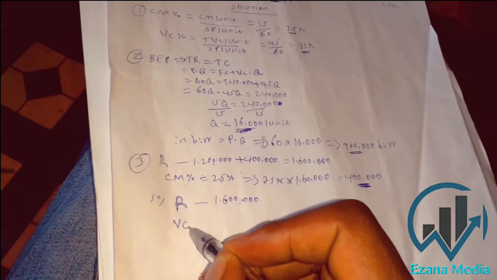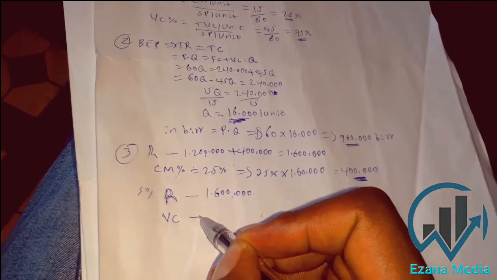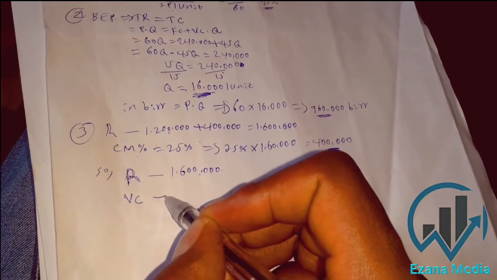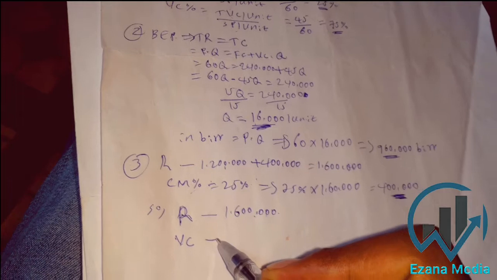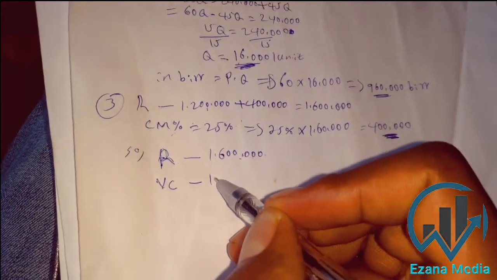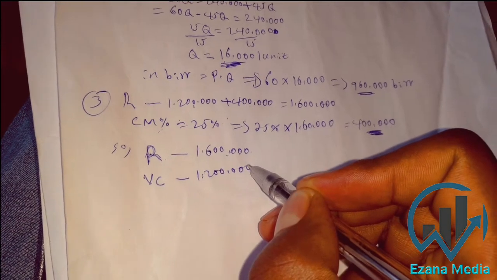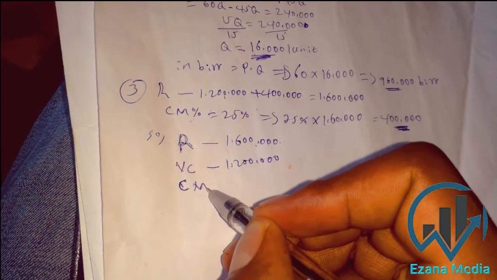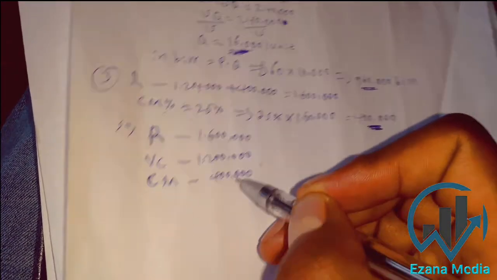And variable cost, assume variable cost is equal to 1,200,000, and contribution margin is equal to 400,000.